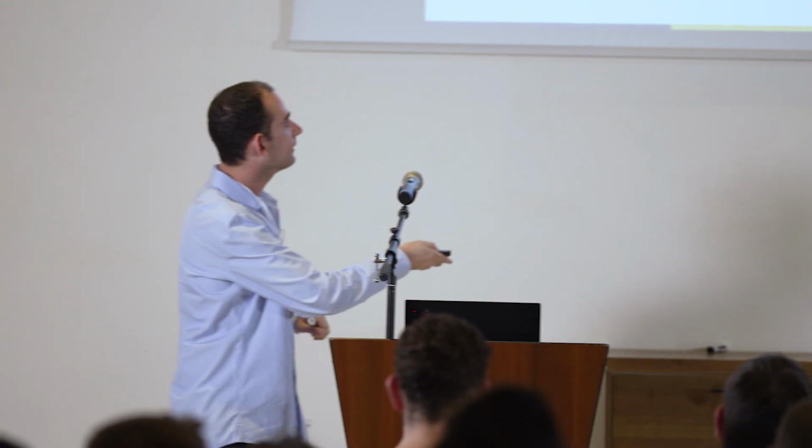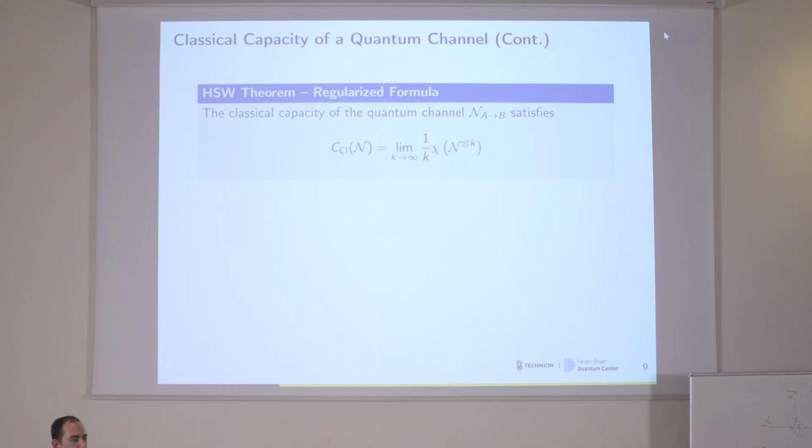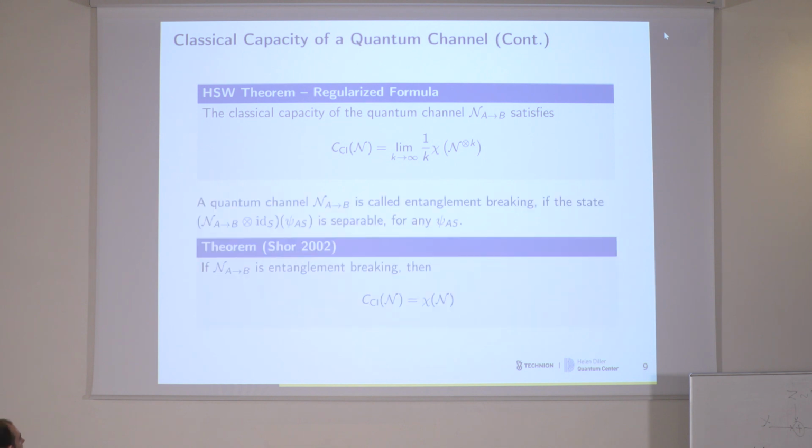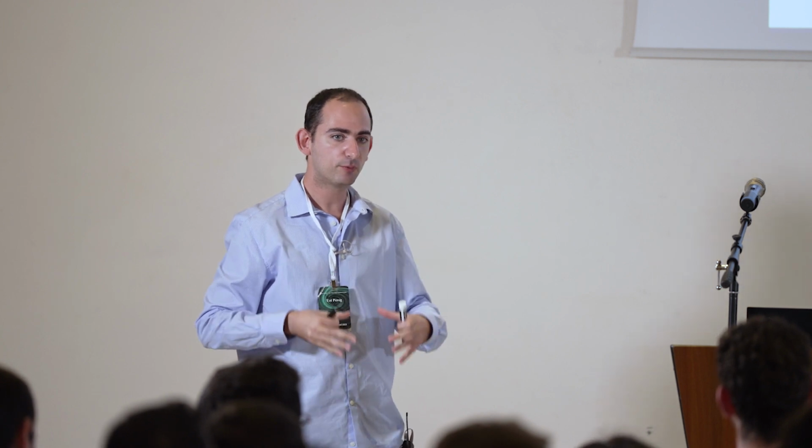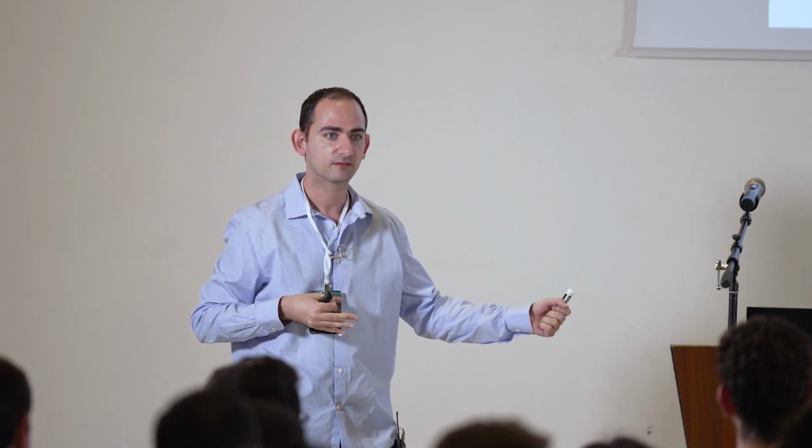As I mentioned, this is not considered to be a full solution because we cannot compute this. We can compute the lower bound, the single-letter Holevo information. Furthermore, let's look at a special class of channels. We say that the channel is entanglement breaking if the channel breaks the entanglement between the input and the environment.